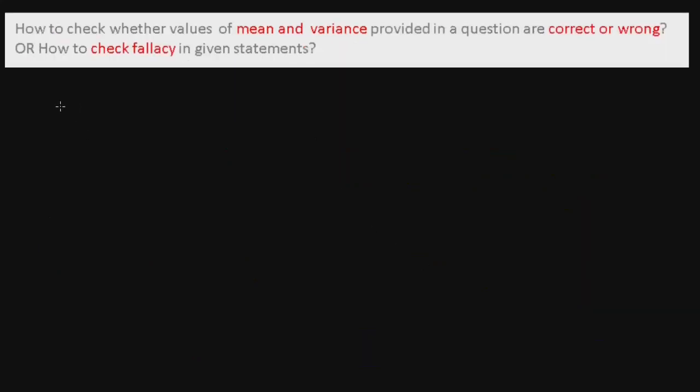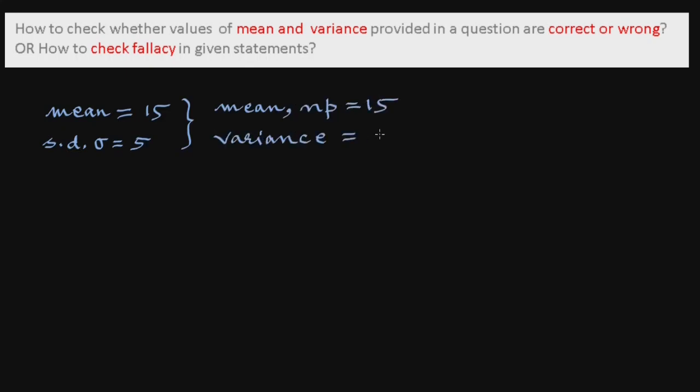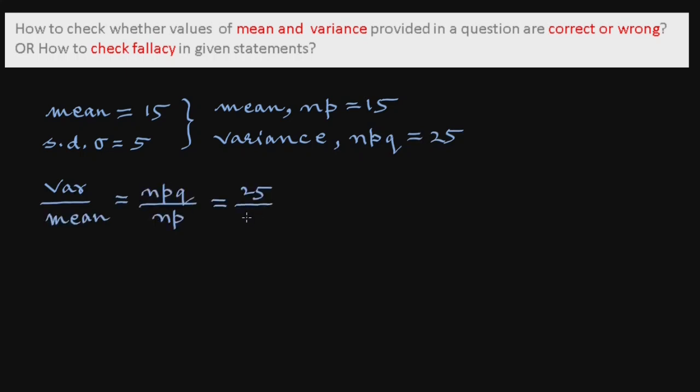It is given mean is 15 and standard deviation sigma is 5. Mean NP is 15. Variance is square of standard deviation sigma, which is 25. Here variance upon mean, NPQ upon NP, will be 25 upon 15, 5 upon 3. Cancelling NP, we get Q equals 5 upon 3, which is greater than 1.